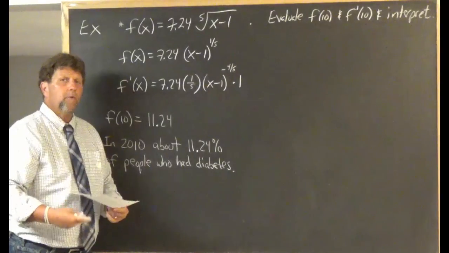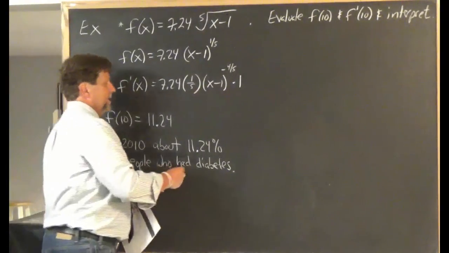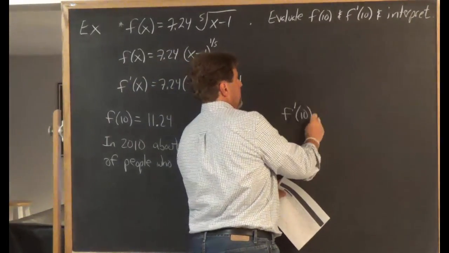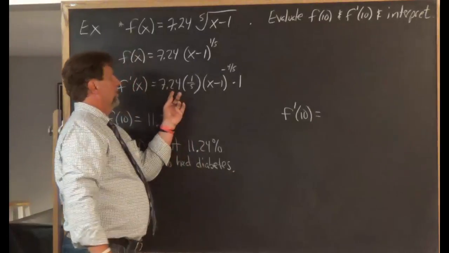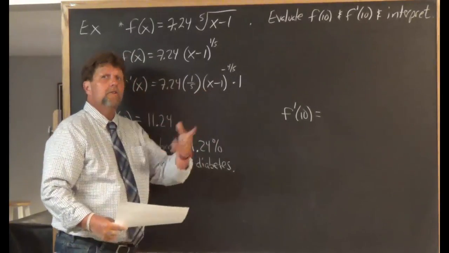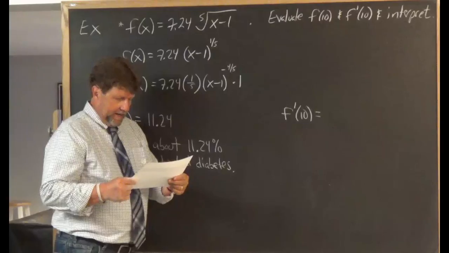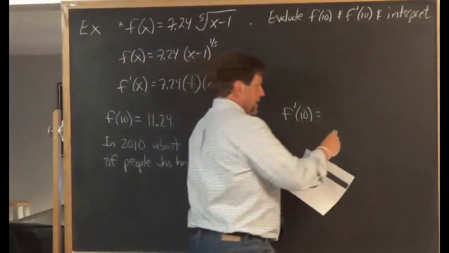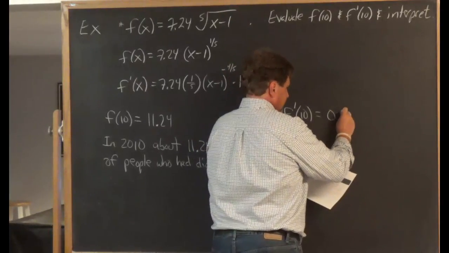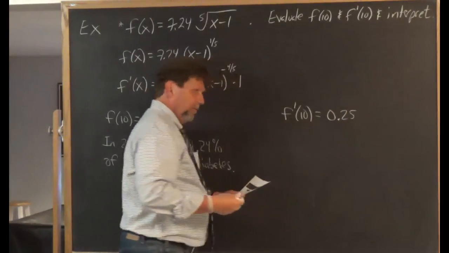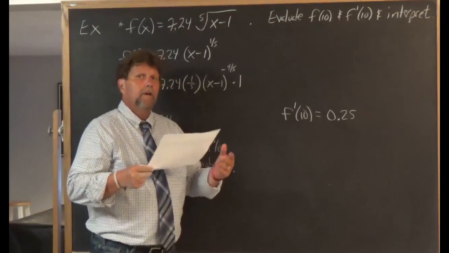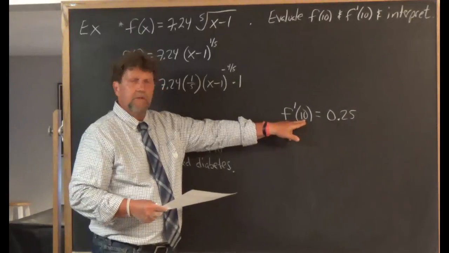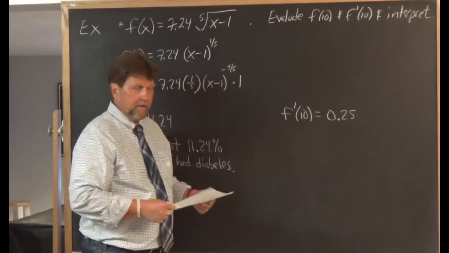Now we're supposed to evaluate and interpret f prime of 10. So let me come right here. F prime of 10. So here's my derivative. So I toss 10 in for the x, use my calculator, and I get f prime of 10 to be, again, I'm rounding it to the second decimal place, 0.25. So this means, okay, again, x was number of years since 2000, so 10 corresponds with 2010.